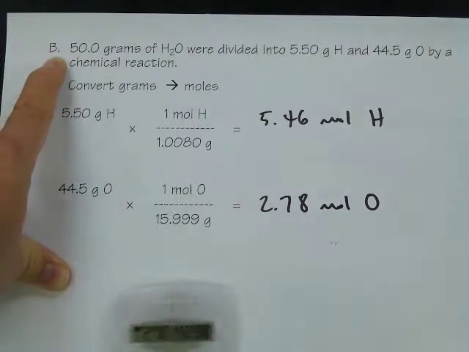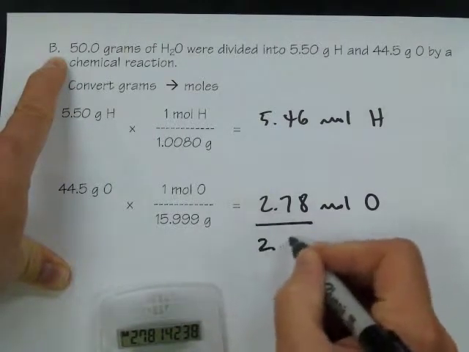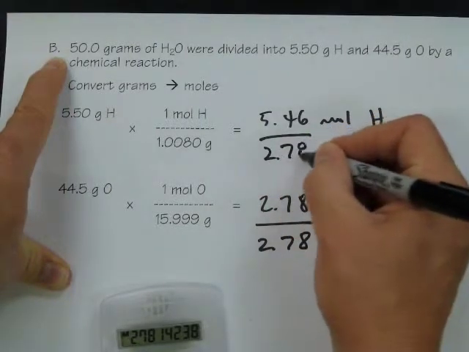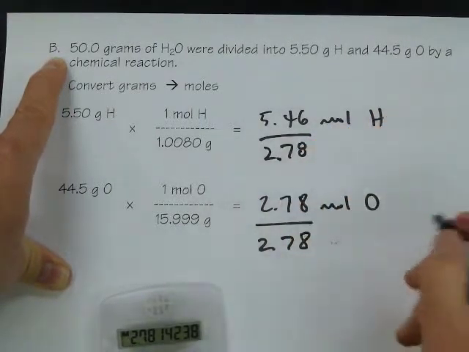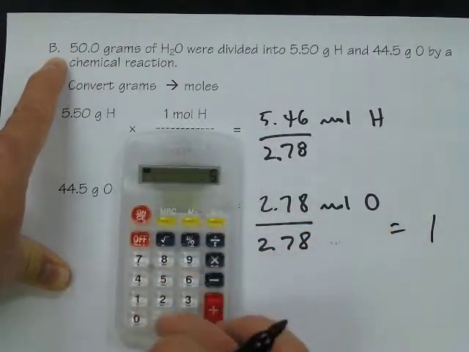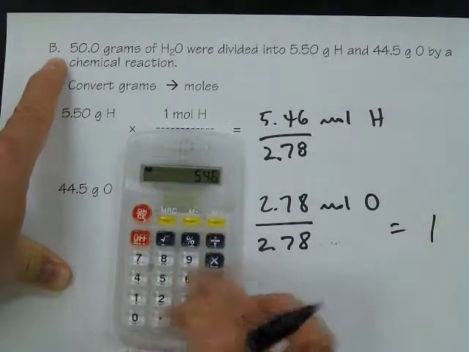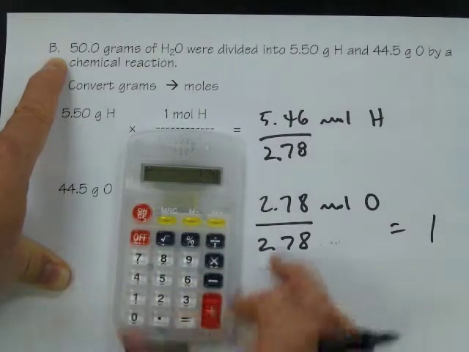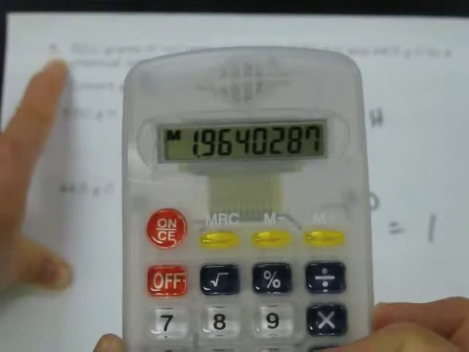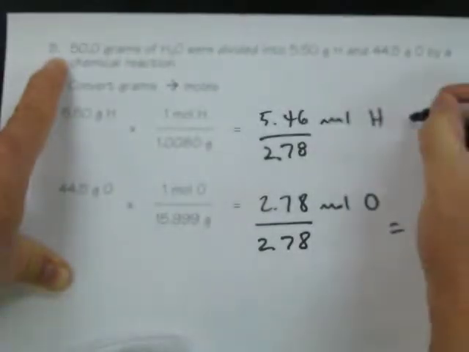But I want to express it in a whole number ratio, so I'm going to divide both of them by whichever one is smaller and round to the nearest whole number. Anything divided by itself, of course, is 1. And if I divide 5.46 by 2.78 and round to the nearest whole number, 1.96 would round to 2. So again, it's 2.